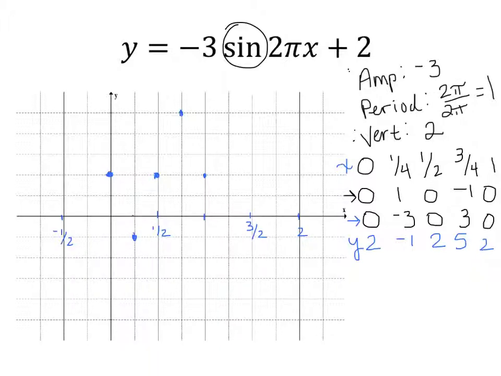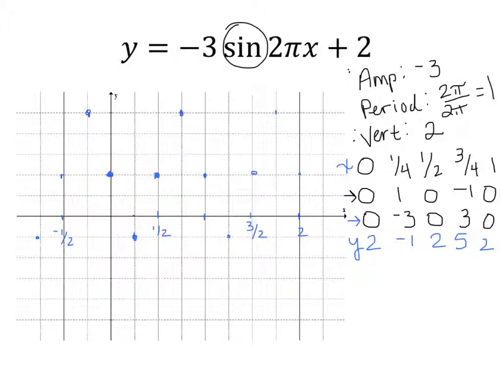From here, I just repeat the pattern. And then I can also repeat it going backwards. If I notice here it is traveling downwards, so if I go backwards, I'm going to have to travel up. So there's 5 and 2 and -1.